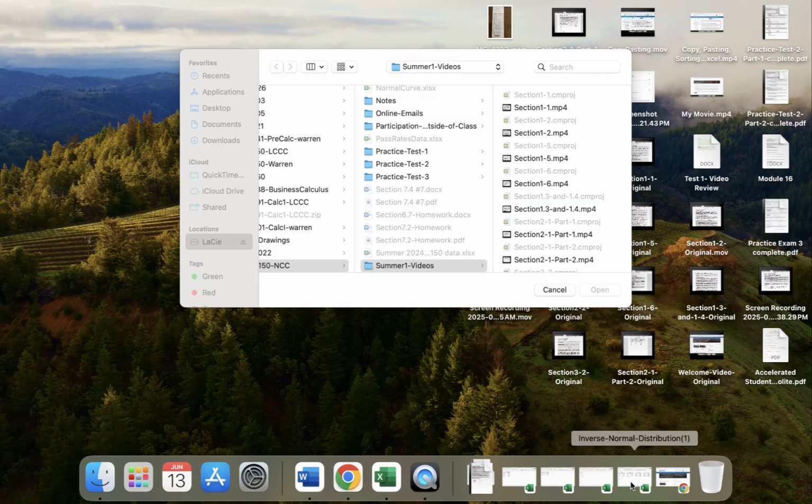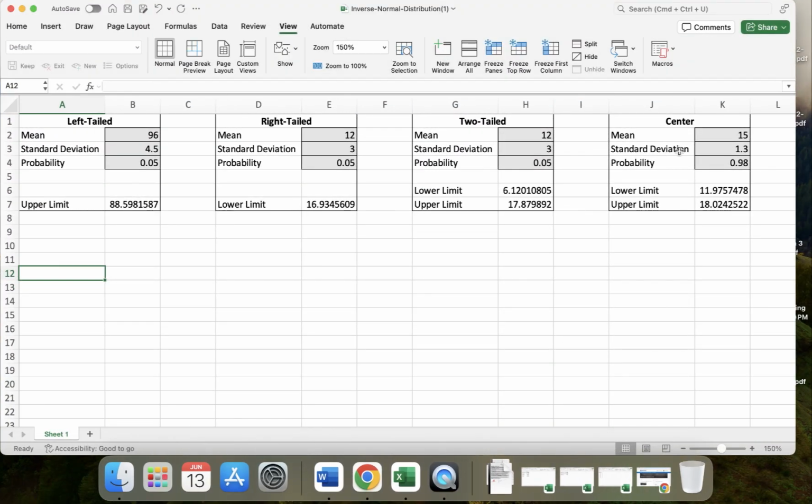So going to inverse normal, here it is. Centered at 3.25. Standard deviation is 0.3 divided by the square root of 50. I'm just going to plug that in as a formula to not lose any decimal places. So plug it in like that.